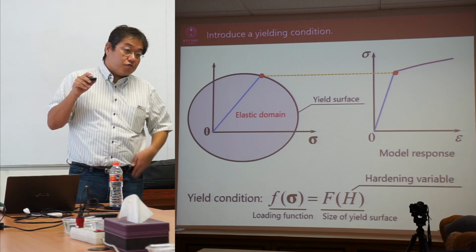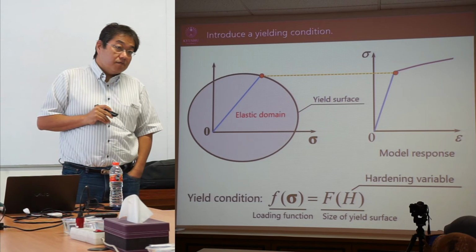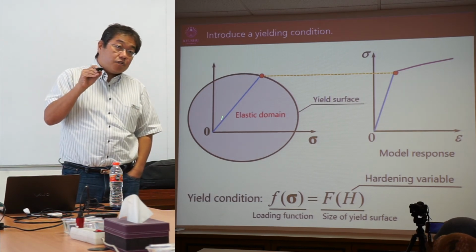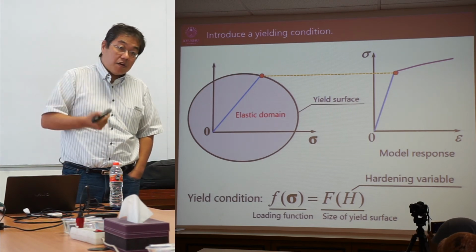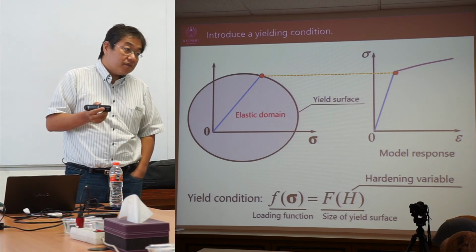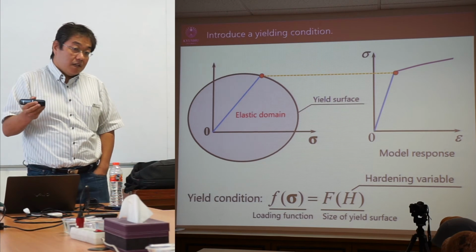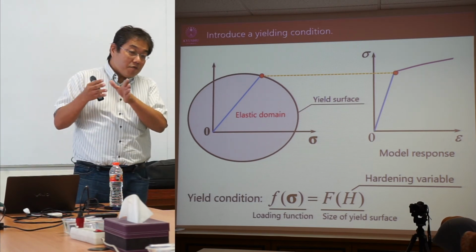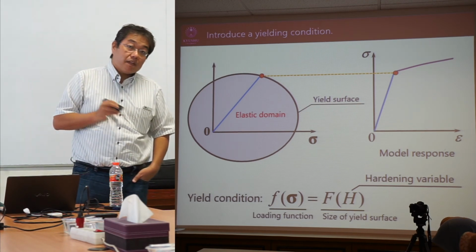We introduce the yield condition, or yield surface. For this material, if stress reaches this surface, inelastic deformation starts. So this is yield of the material. Yield is irreversible deformation occurring from this surface.